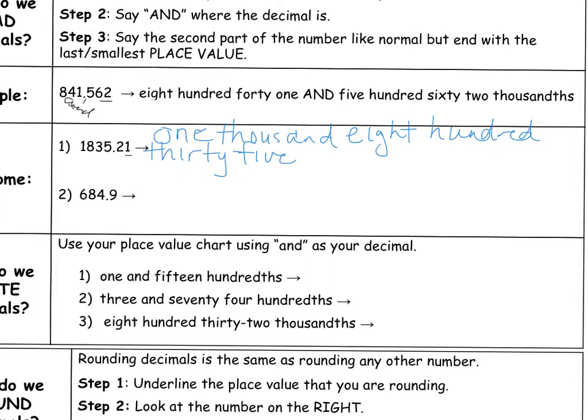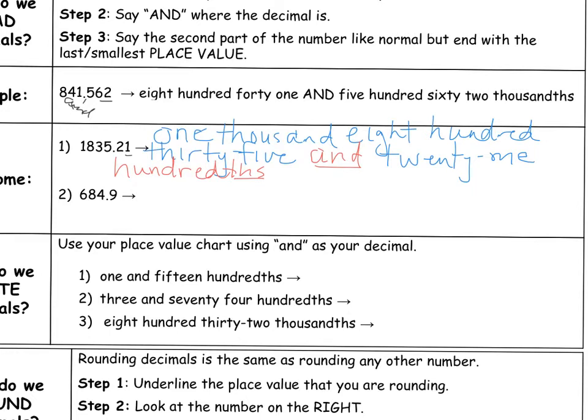Then where the decimal is, I would put "and" as my decimal place. 21, and then because the 1 is in my hundredths place, I would say 21 hundredths, with a THS on the end.